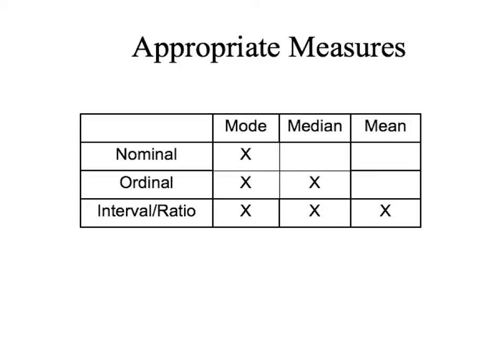This is why, in the hierarchy of levels of measurement, interval ratio, the numerical level, is the highest, because you can do more with a numeric variable than with a nominal variable. So you determine your level of measurement, and then you can determine which measure of central tendency is appropriate.